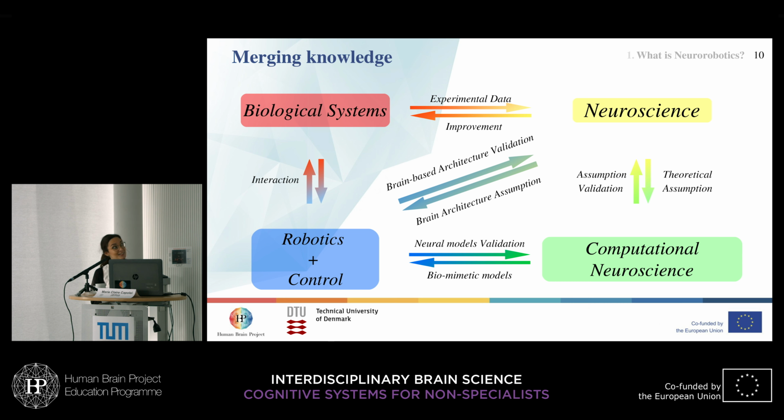You can actually see that there is a big difference going from just assumption to mathematical model. Then you compare the data with the experimental data, and then you can say that the mathematical models are validated. But what happens if you can actually use those models and see if they work also on artificial mechanisms?